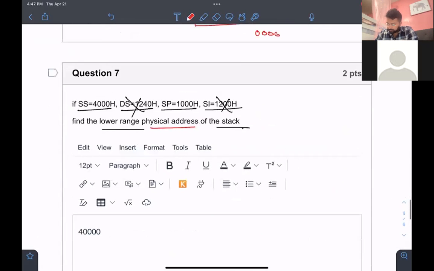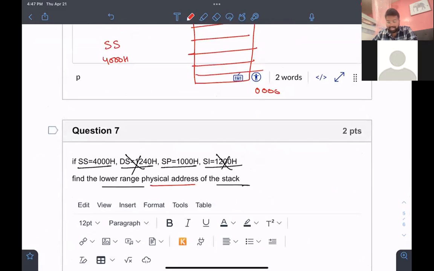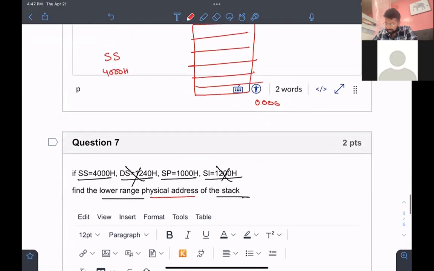Okay, so this means we're going to add stuff. In this case, we add the stack pointer to the stack address. This location is 4,000, but since we're looking for the physical address, we add another 0 behind it.